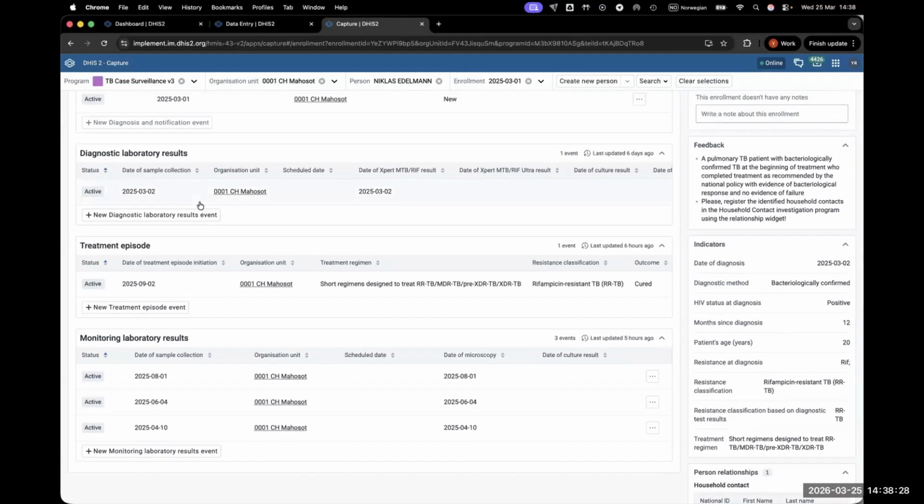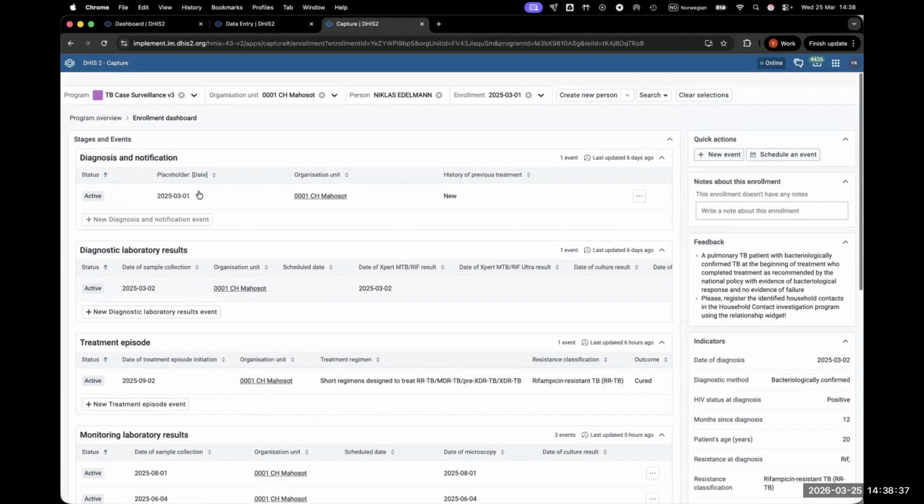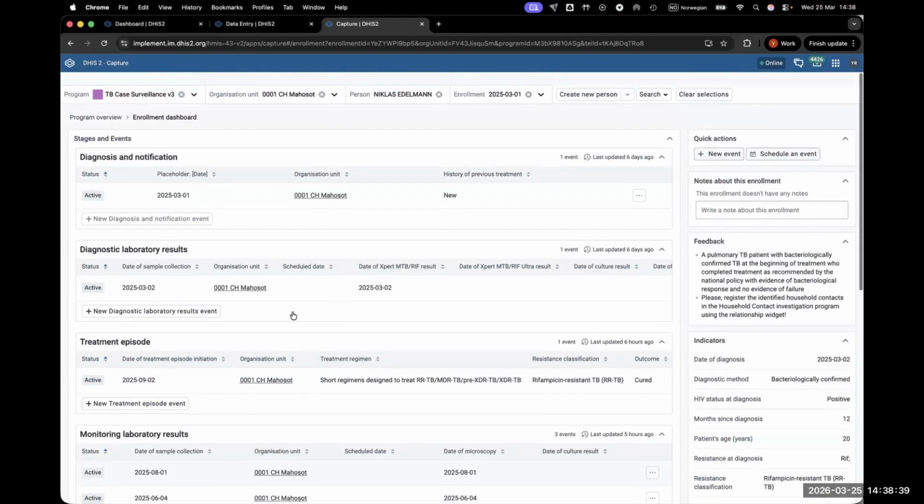And such trackers, such modules are already in use by many countries, and you will hear more about it today.